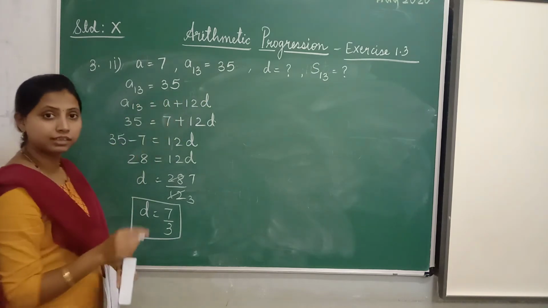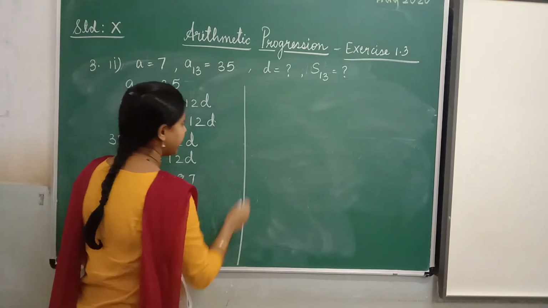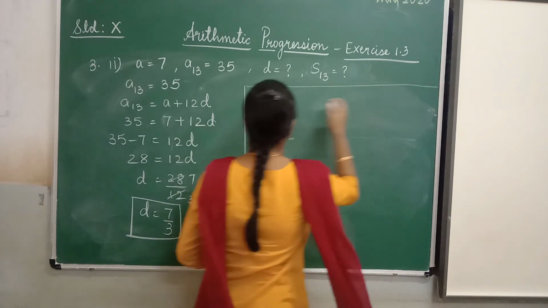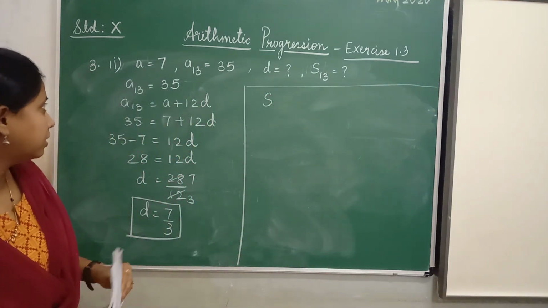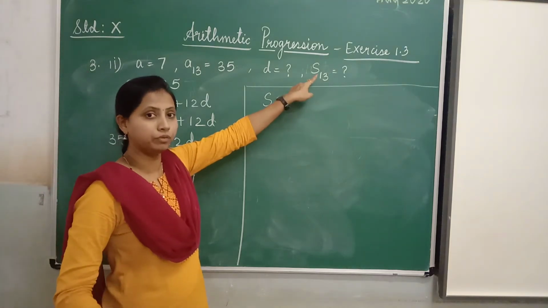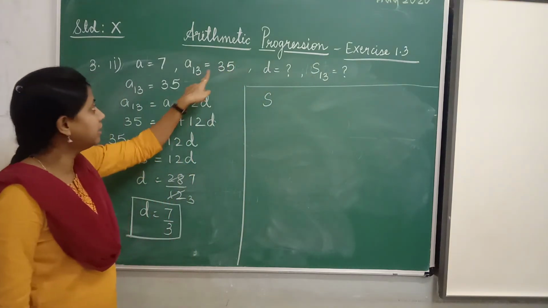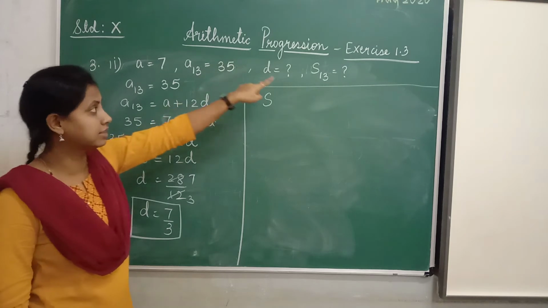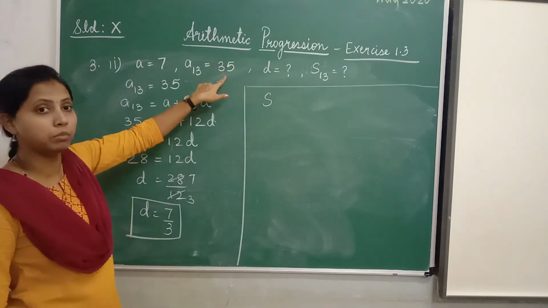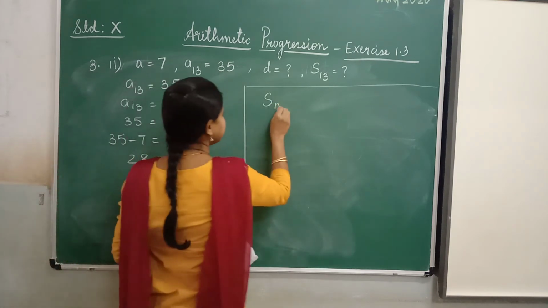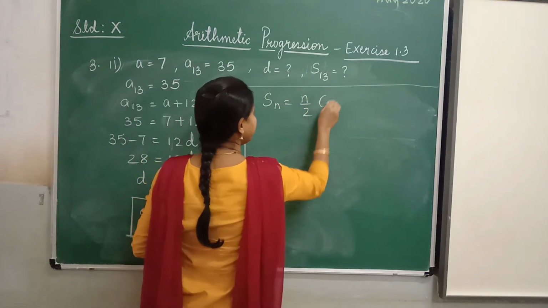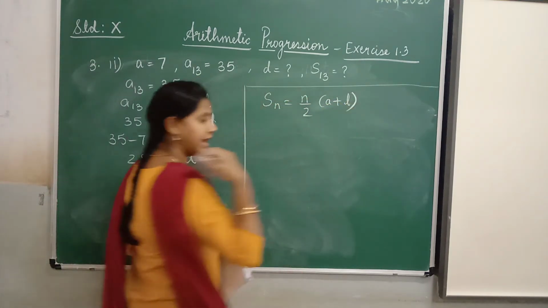Now find S13. Yes. How to find S13, children? So which formula is to be used? Yes. We have to find the sum of 13 terms and A13 is also given. The sum of 13 terms, means A13 is nothing but the last term. Okay, so we can directly use the formula Sn is equals to n by 2 into a plus l, children.